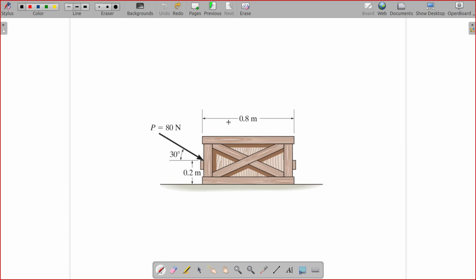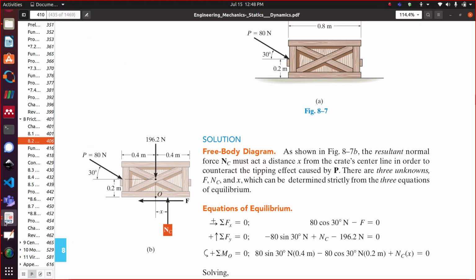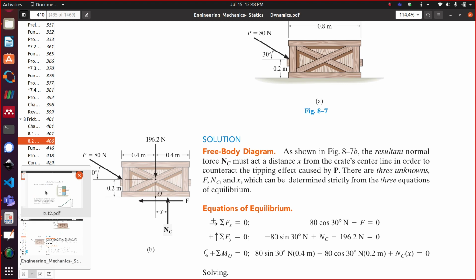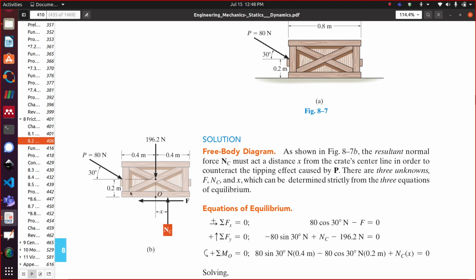We will take the second picture so that it's easier for us.